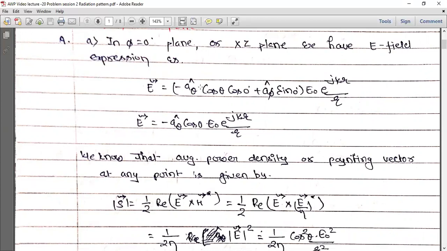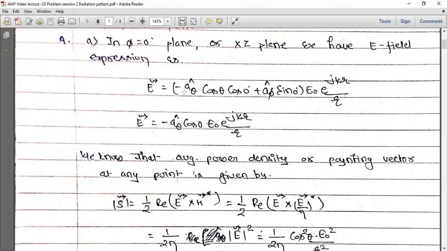Okay. Now we know that this is the electric field intensity at any point. What is the given electric field intensity representing? As I told you, if you are placing an antenna at the origin of the spherical coordinate system and some radiation starts propagating in a specific direction, A r cap, then A r cap is known as the direction of propagation of wave. At any point in the medium, or at any point on the path of propagation of wave, electric field intensity is given by that particular expression.